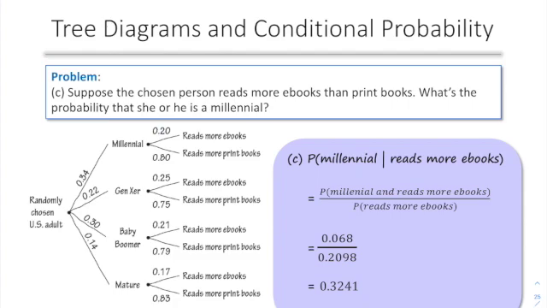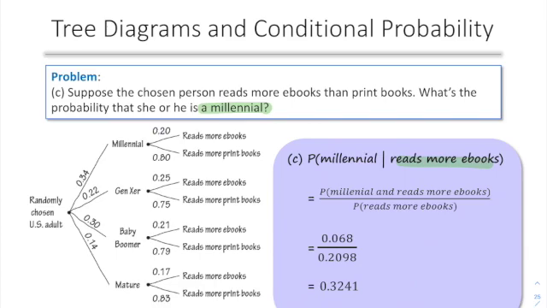Now, suppose that the chosen person reads more ebooks than print books. What's the probability that she or he is a millennial? So here we have a conditional probability. We're given the parameter that they read more ebooks, so we're only worried about the branch with ebooks. But then we're looking at whether he or she is a millennial. So we're looking for the probability of a millennial and reads more ebooks divided by the probability of reading more ebooks.